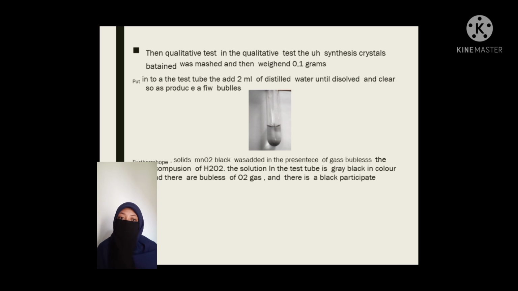Add 2 ml of distilled water until dissolved and clear, producing a few bubbles. Then solid black MnO2 was added, producing gas bubbles in the first stage, the decomposition of H2O2. The solution in the test tube is gray-black in color, and there are bubbles of O2 gas and a black precipitate.